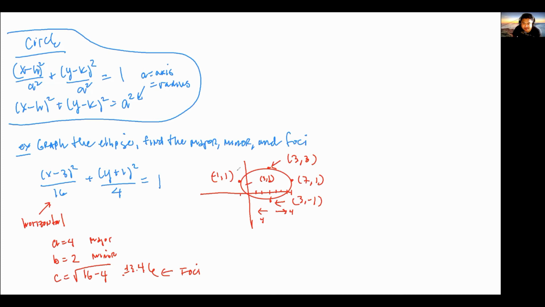You can also find the location of the two foci. In this case here, I would take the vertex. We would add 3.46, comma 1, and h minus 3.46, comma 1. This is the foci, the location of the two foci.